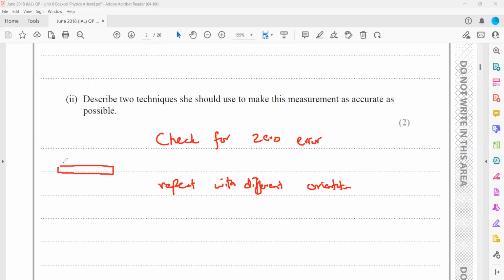So when we measure, for example, if we are measuring a diameter, first we place it between the jaws in this orientation, then we change the orientation.